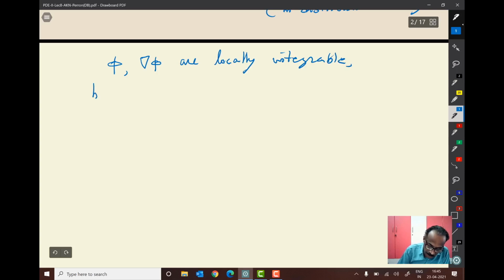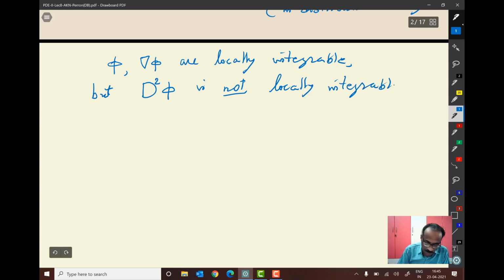But when you go to second derivative, all the second derivatives are not locally integrable. That's why you cannot take it locally integrable. You see? So the first result we have proved is in this direction.